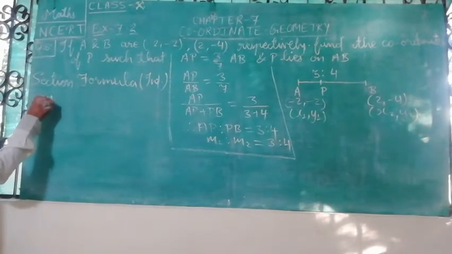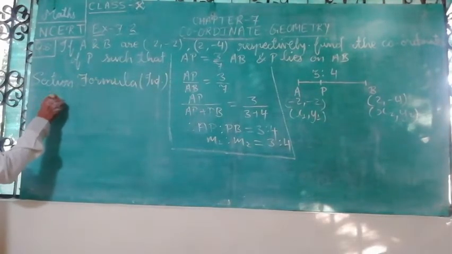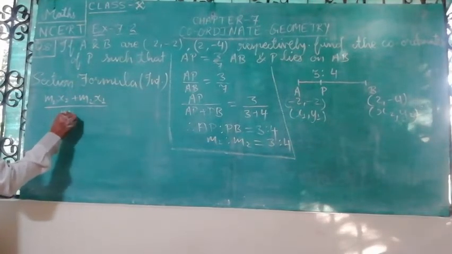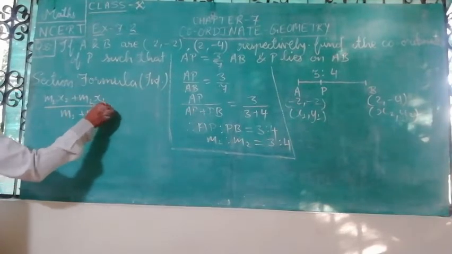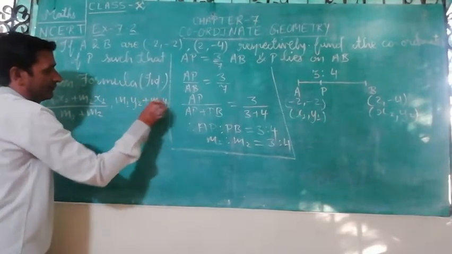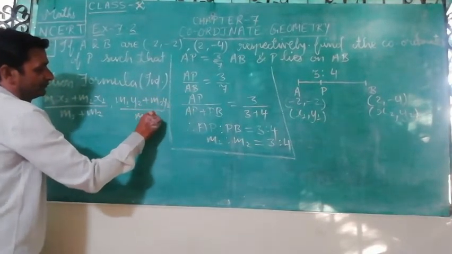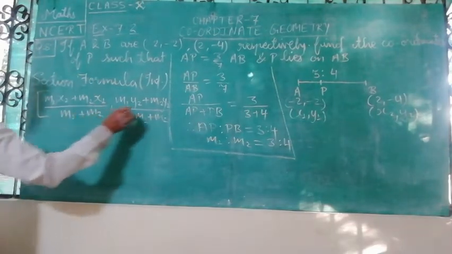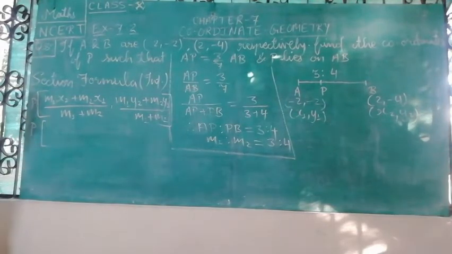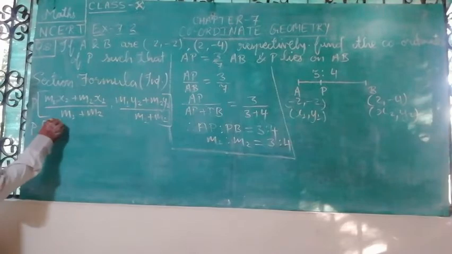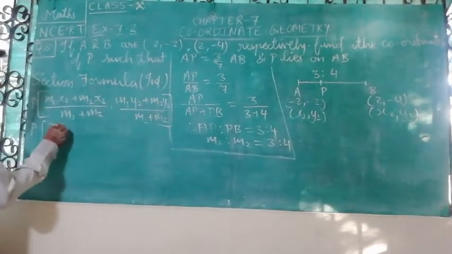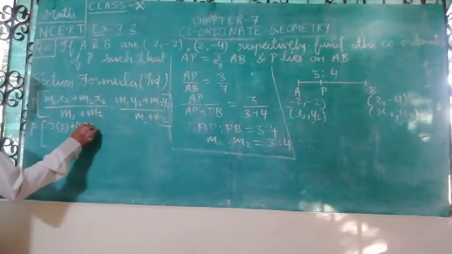That is m1 x2 plus m2 x1 upon m1 plus m2 and m1 y2 plus m2 y1 upon m1 plus m2. These are the coordinates of point P. So the coordinates of P will be 3 into 2 plus 4 into minus 2 upon 3 plus 4.